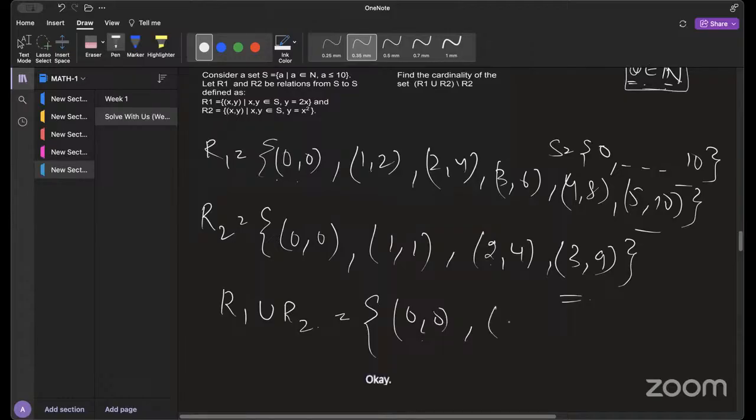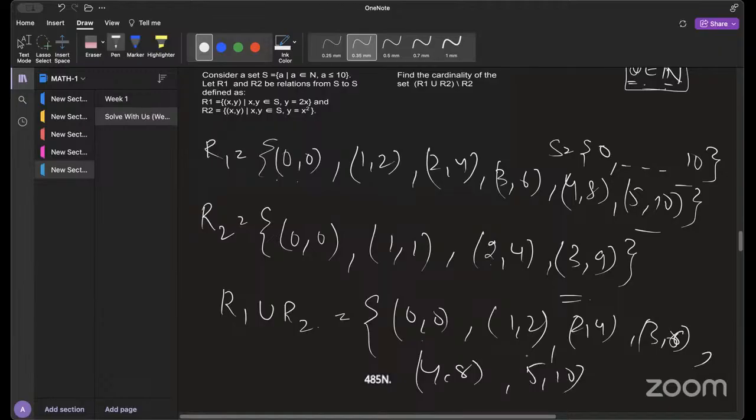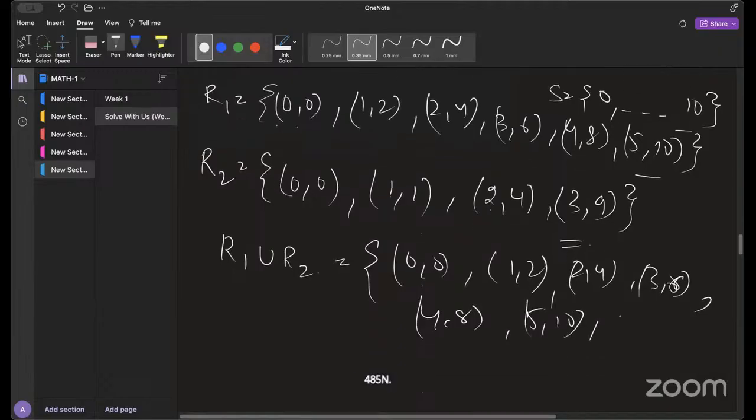Then 1, 2 is there, 2, 4, 3, 6, 4, 8, 5, 10. And from here, you include 1, 1, 2, 4 is already included, and 3, 9. And then you subtract this set, so you remove this one, this one, this one, and this one.